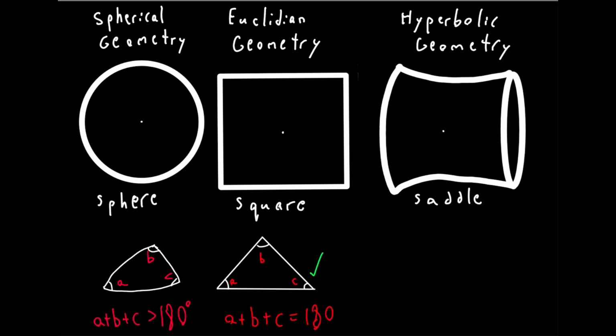Which means A plus B plus C could have a sum of infinity for a triangle.